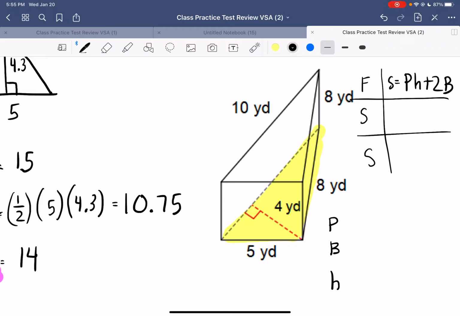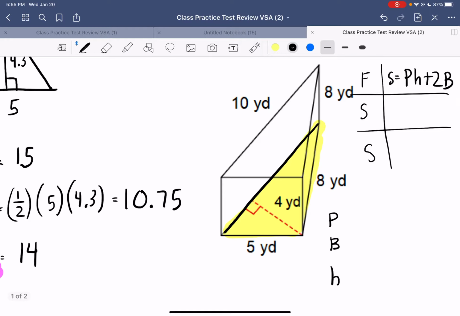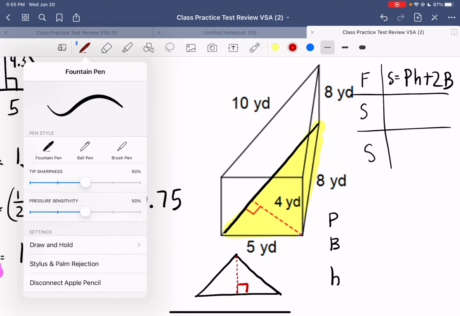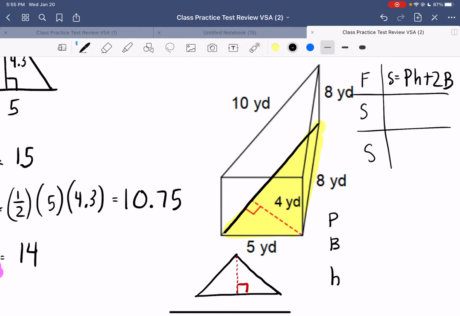So when I redraw my base, what I like to do is redraw the base turned around so it looks like this. When I redraw my base, it's going to be here, here, and here. If I draw my line in my right angle, we have 10 along the base.